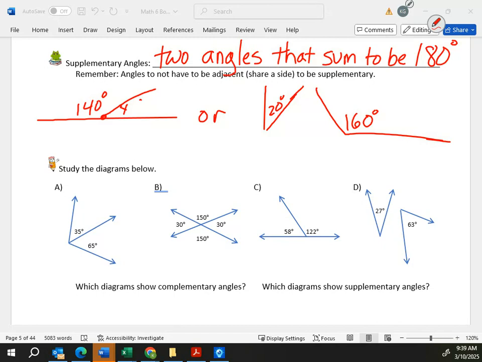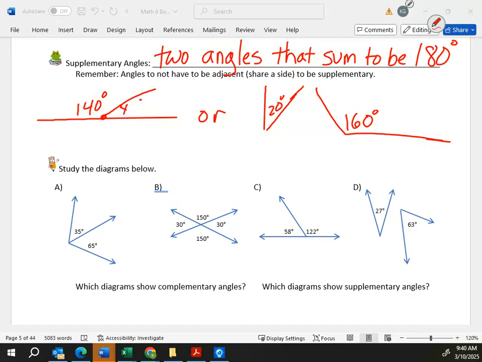So our work for today is looking at those diagrams and answering the questions. We've got A, B, C, and D. Which ones show complementary angles? You add two of them together and you get 90 degrees. There could be just one answer.